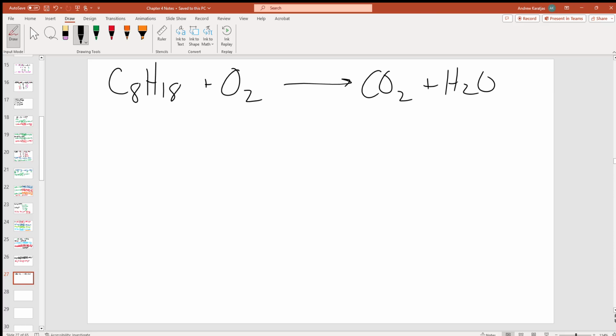And so this reaction is the combustion or the burning of octane. So if we have 100 grams of octane and 20 grams of oxygen, what's the limiting reactant? And then what are the theoretical yields of both of the products?